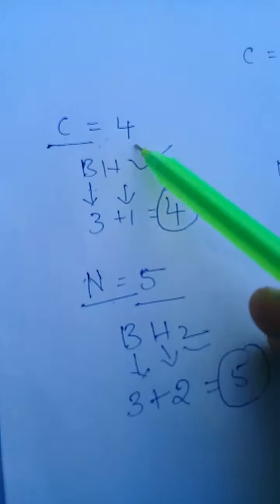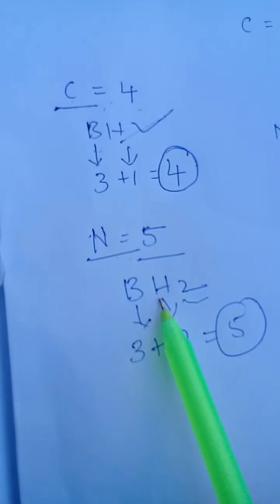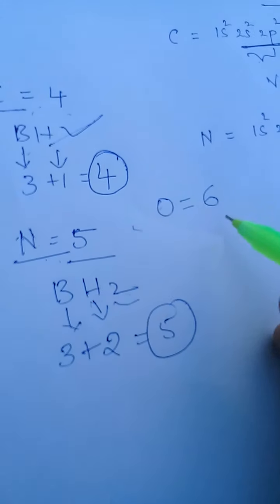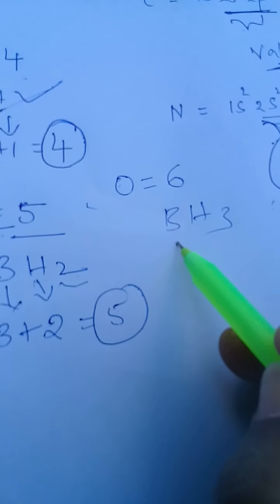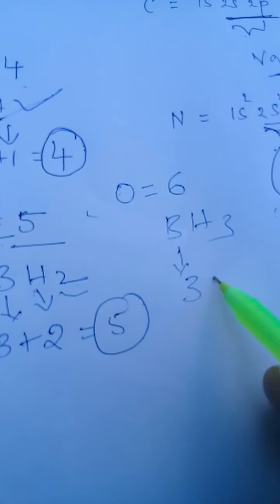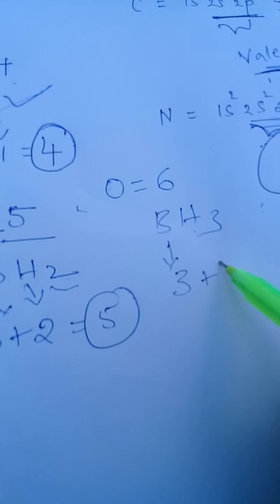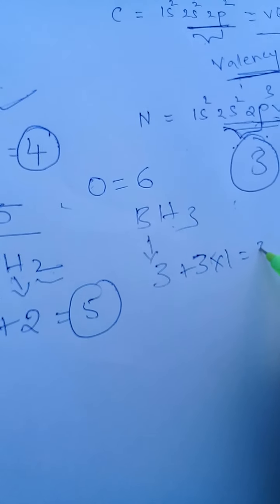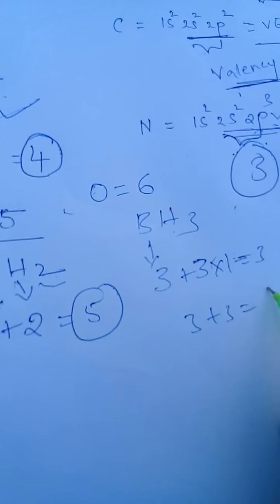So in the place of carbon we take BH, and in the place of nitrogen we take BH2. For oxygen, valence electrons 6, so BH3: boron valence electrons 3 plus 3 hydrogens into 1 is 3, so 3 plus 3 equals 6.